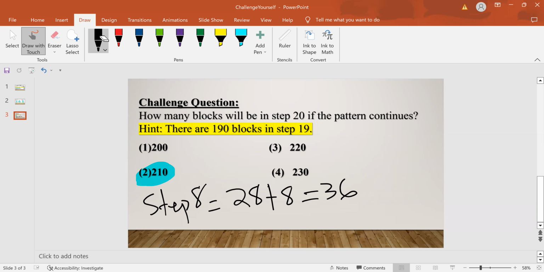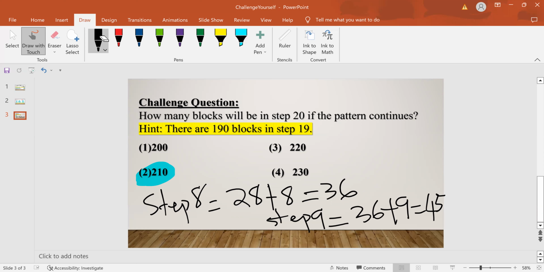So step 9, let's see the pattern. You take the total from step 8, which is 36, and you add 9. That gives you 45 for step 9. But we will not waste our time going up to 20.